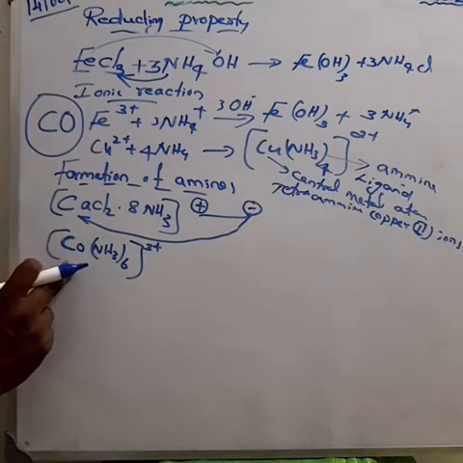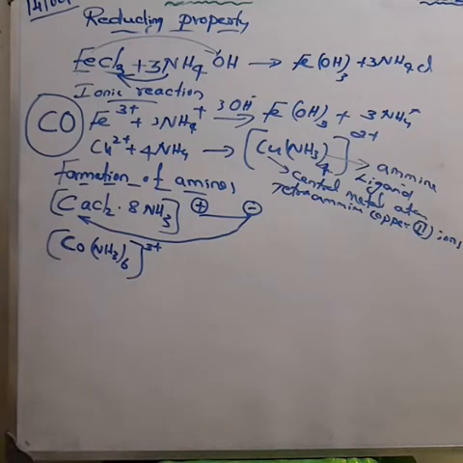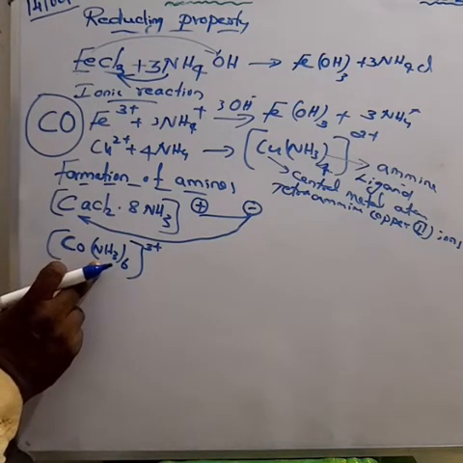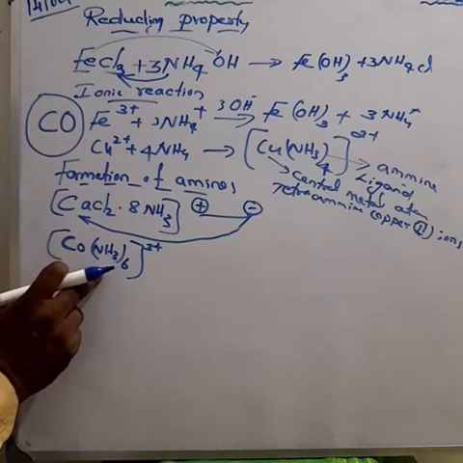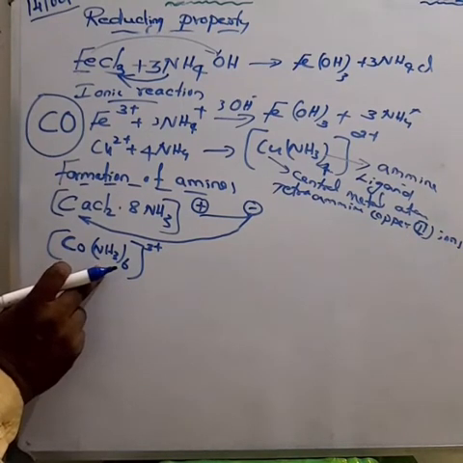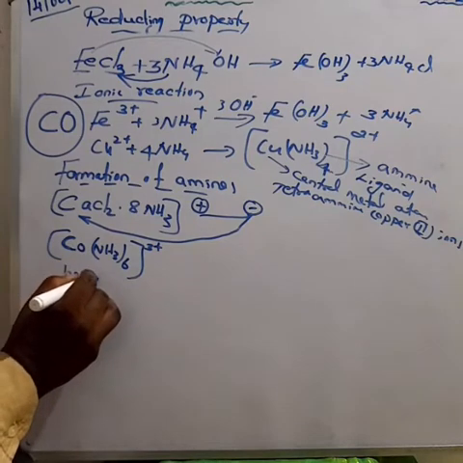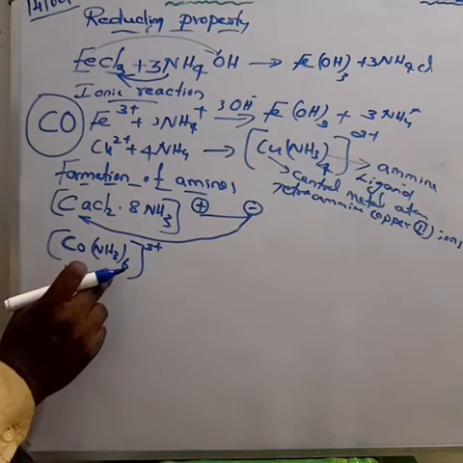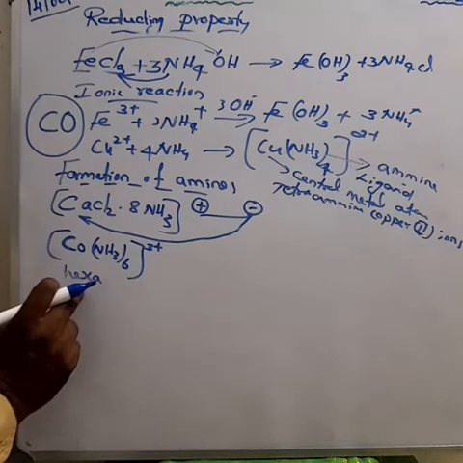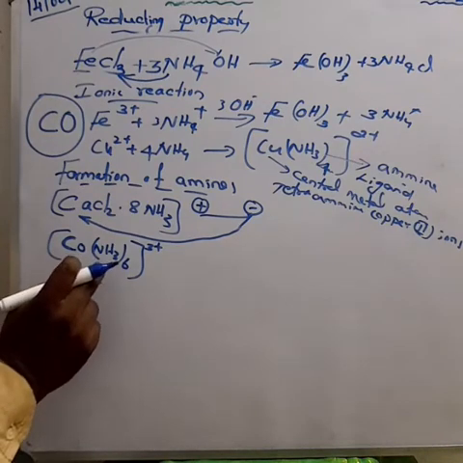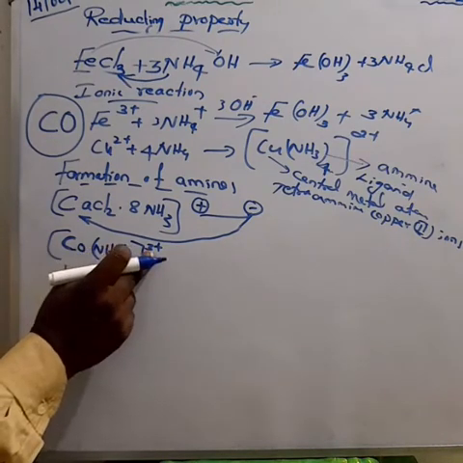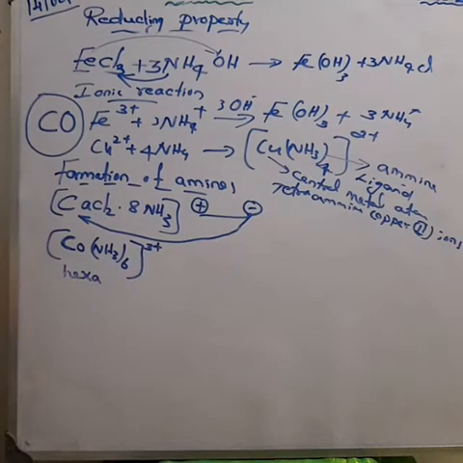Here capital C, small o, there is a cobalt. Here having ammonia. As per the IUPAC in coordination chemistry, ammonia is called ammine. How much ammonia is there? 6 ammonia. So 4 means tetra, 5 means penta, 6 means hexaammine, cobalt 3 ions.